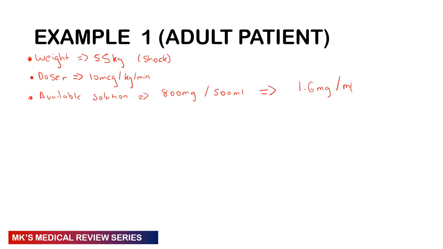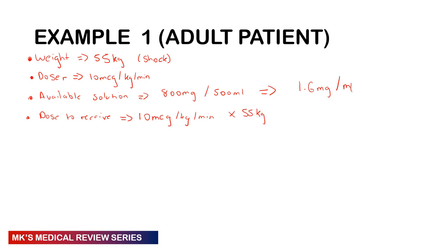Keep this in mind. So how much is this patient going to receive? We'll say the dose to receive. Remember, our dosage is at 10 micrograms per kg per minute, and our weight is 55. So our dose, in micrograms per kg per minute, multiplied by our weight, which is 55 kg.